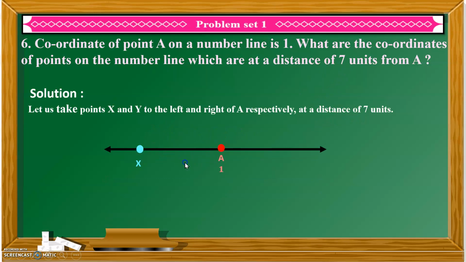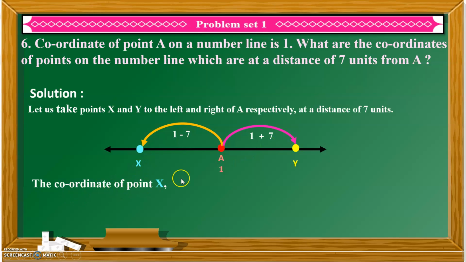So this is our line. Point A. To the left we have X, to the right we have Y. So when we move towards the left, what are we supposed to do? We are supposed to subtract. So 1 minus 7, and when we move to the right, we have to add. Correct? The coordinate of point X, which is to the left of A, will be 1 minus 7 equal to -6.